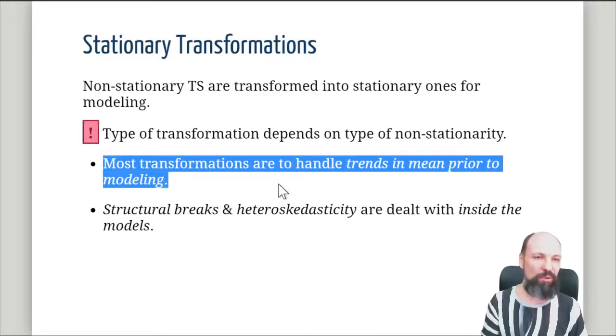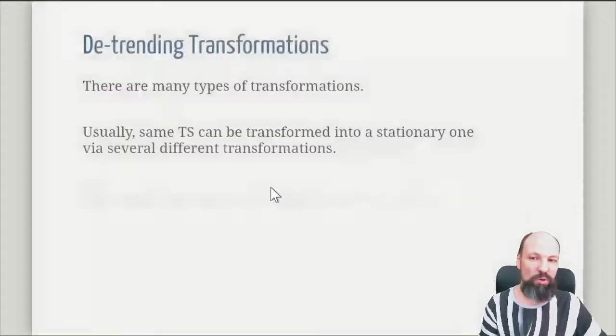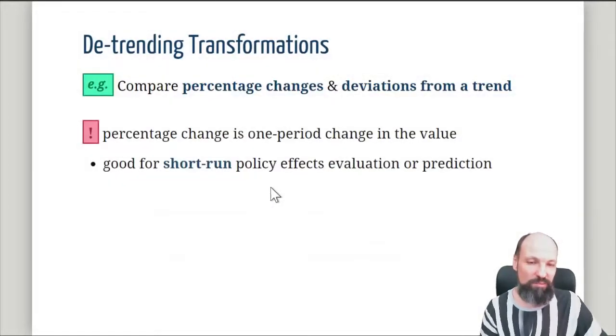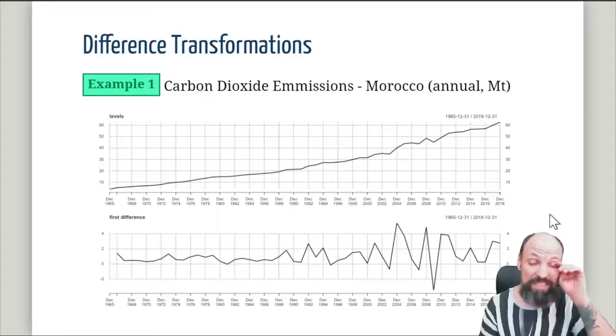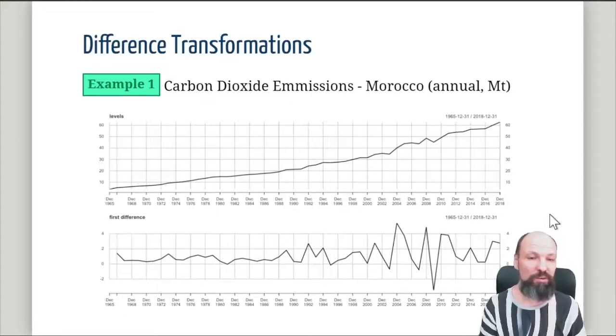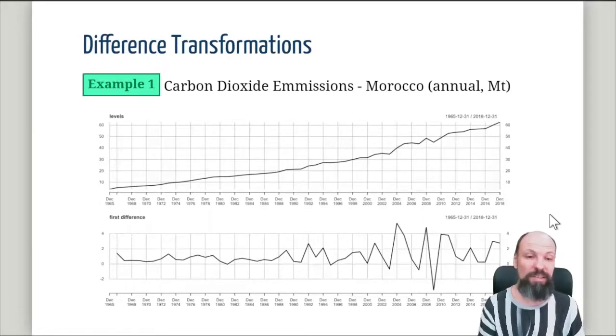They are going to kill non-stationarity on average. Sometimes applying a transformation will cause other troubles, like in this example. Yes, it did kill the trend. There's no sustainable growth anymore. And it seems like this resulting thing is stable on average.